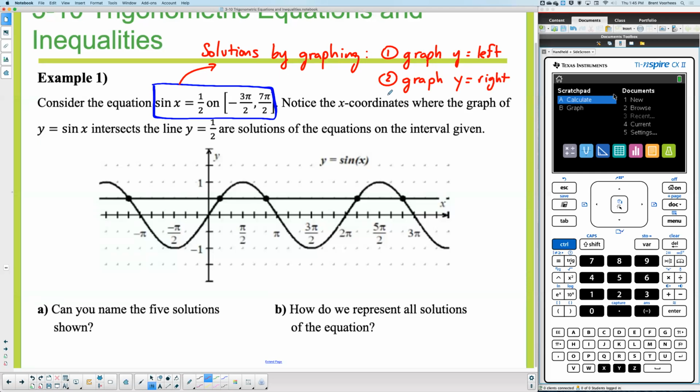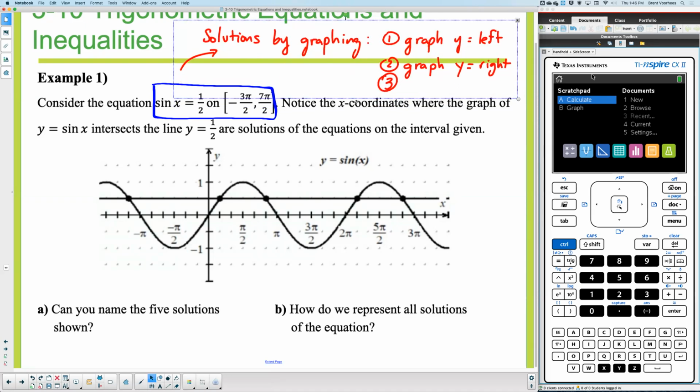And step 3, the solutions are the x values at the intersections of the graphs. Okay, so that's what they do here in this problem.